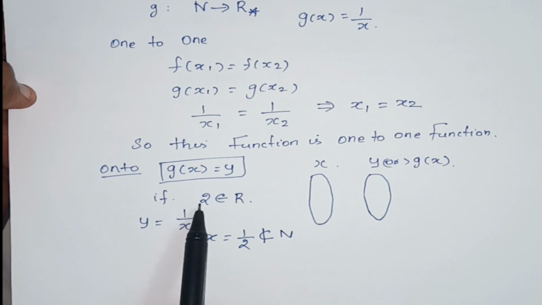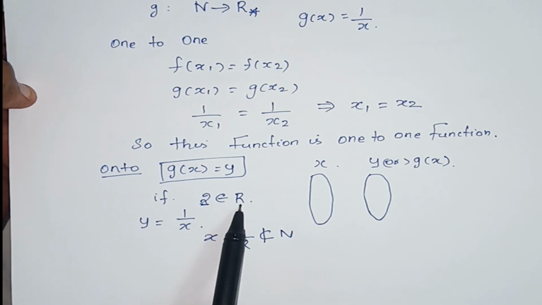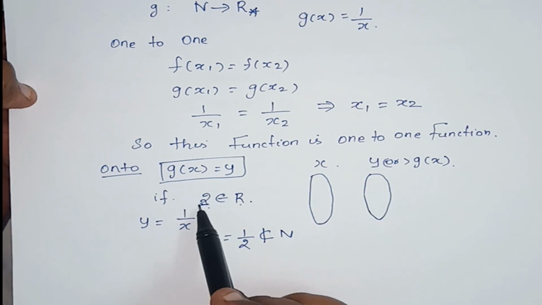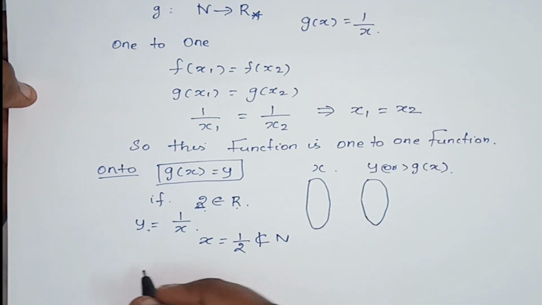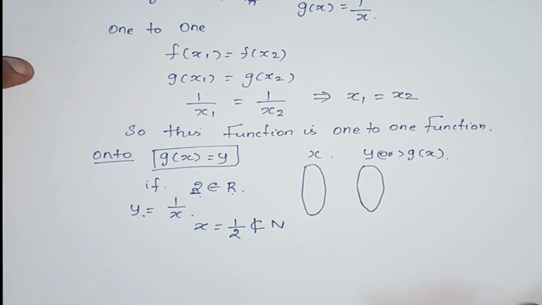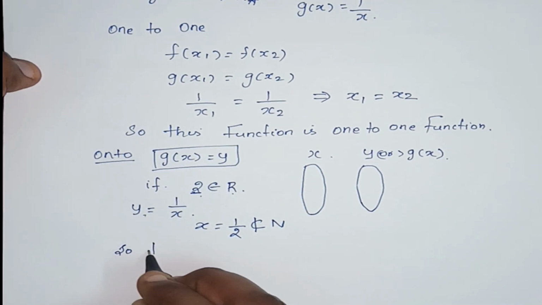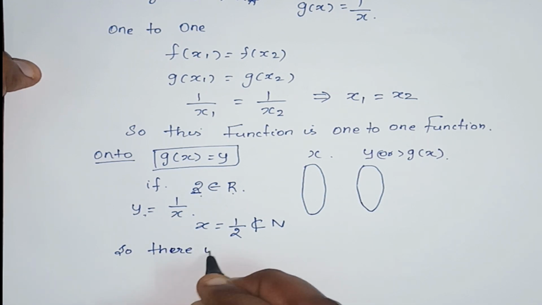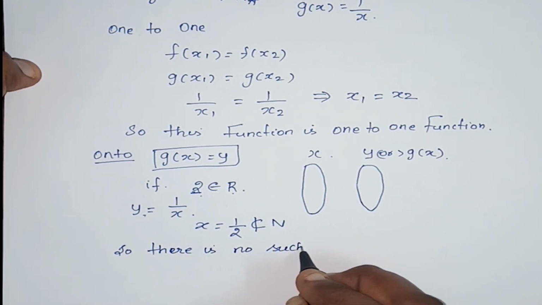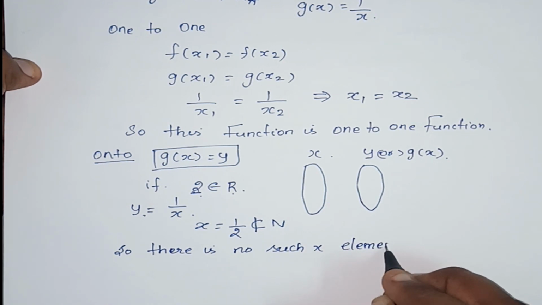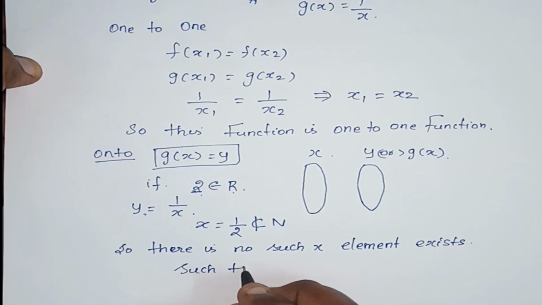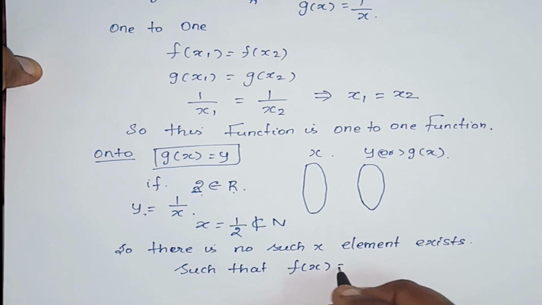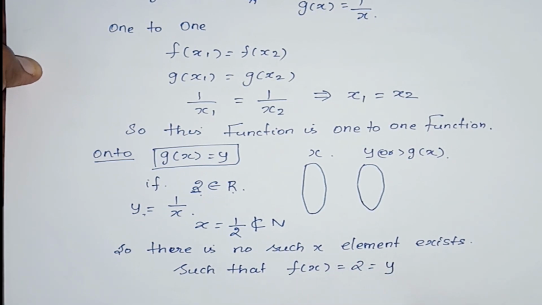So if 2 is a real number, it belongs to the real numbers only, and 2 represents y. So if 2 is y, what is x? x is 1 by y, that is 1 by 2. 1 by 2 does not belong to the natural numbers, right? So this function is not an onto function. So there is no element x such that f of x is equal to 2, that is y.